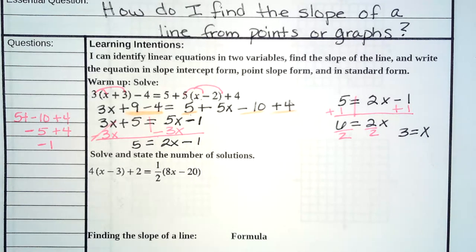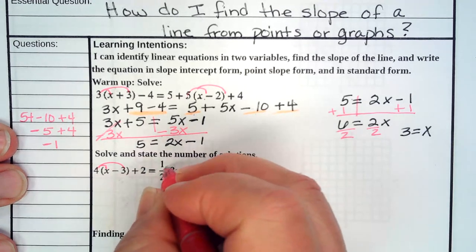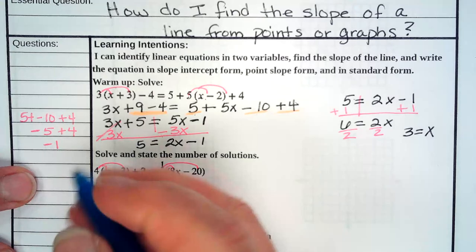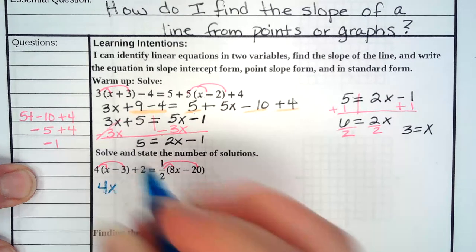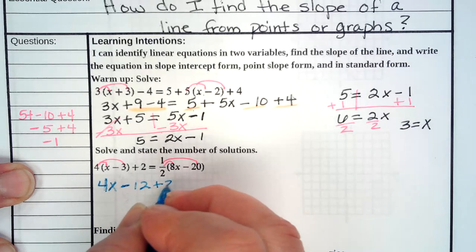Okay, on the next one it says solve and state the number of solutions. We still have to distribute. 4 times x is 4x. 4 times negative 3 is negative 12, plus 2 equals.